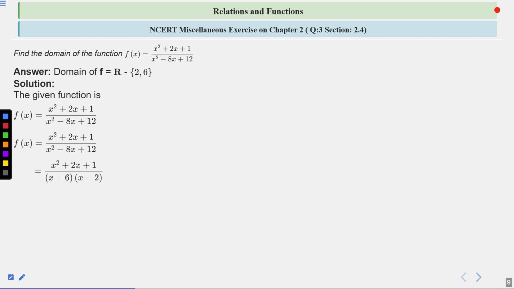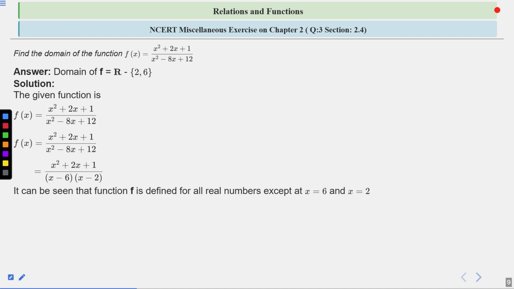What you do is quite simple: for this quadratic expression x squared minus 8x plus 12, you try to write this expression in factor form. The factor form is going to be (x minus 6) times (x minus 2).